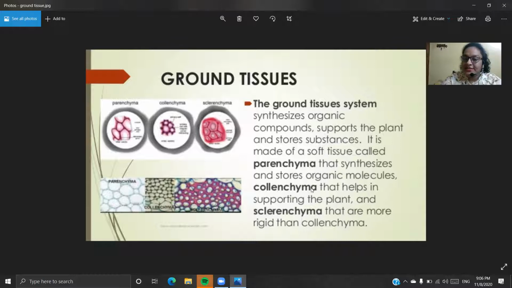And collenchyma is going to be the supporting tissue, gives flexibility and imparts strength to the plant, and sclerenchyma gives rigidity to the plants. So basically these tissues are regarded as ground tissues. So the simple permanent tissues are regarded as ground tissues for their functionality of synthesizing organic compounds, giving support to the plant, giving mechanical strength, giving tensility. All these functionalities make them ground tissues.